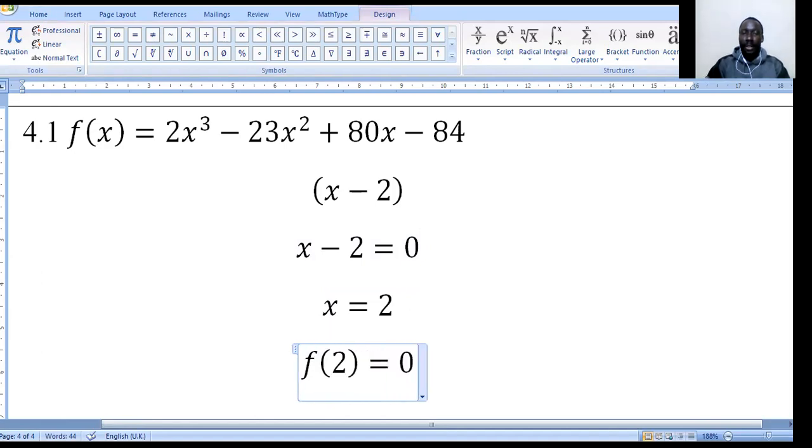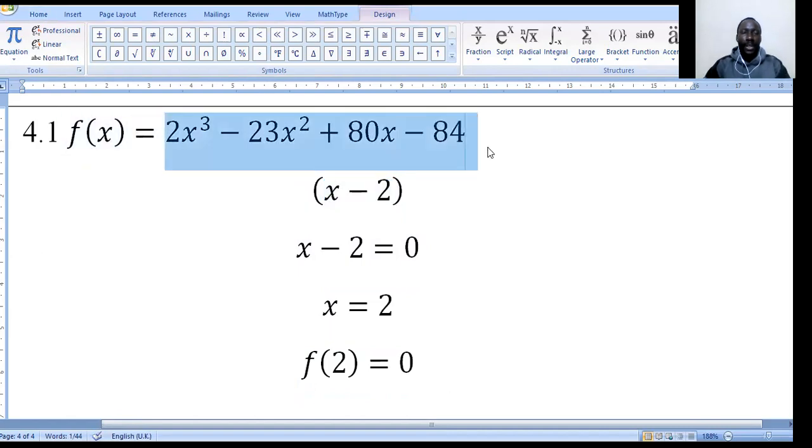If f of 2 gives 0, then we can conclude that x minus 2 is a factor of this expression, 2x cubed minus 23x squared plus 80x minus 84.